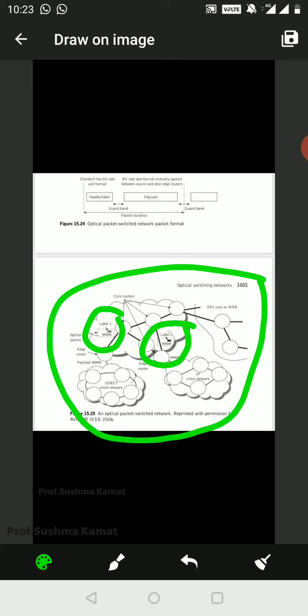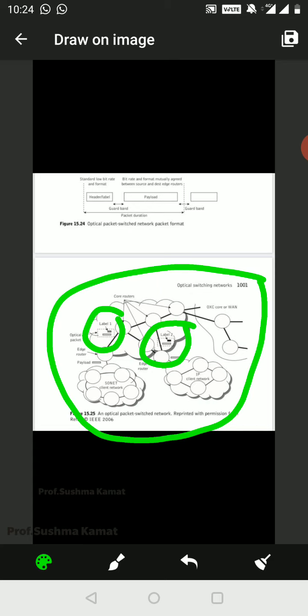Whenever you are routing the payload, meaning you are transferring the payload, you will try to use contention resolution. If it is not matching the size prescribed, then you are supposed to make it fit in that particular way. The last one is rewriting of the label and recombining it with the payload. If you have detached the label, you are supposed to reattach it. That is, you are rewriting the label and recombining it with the payload.